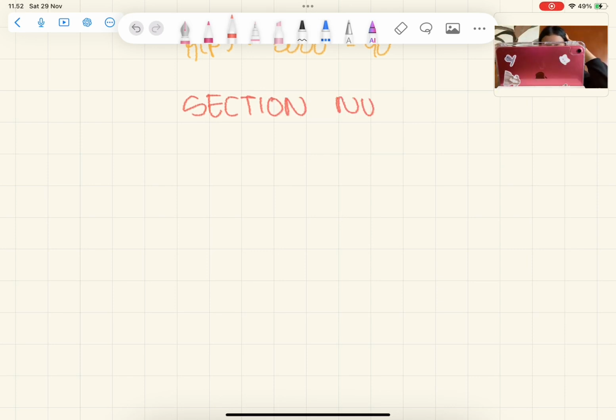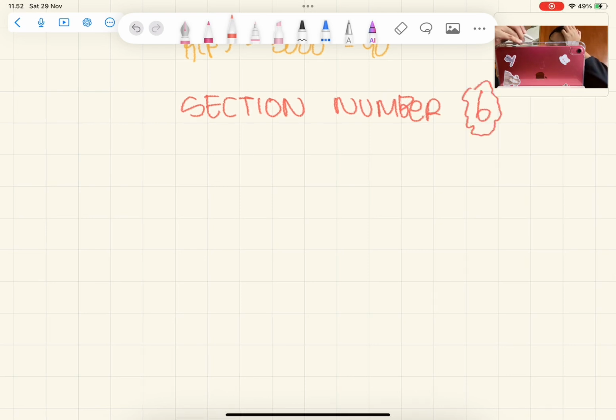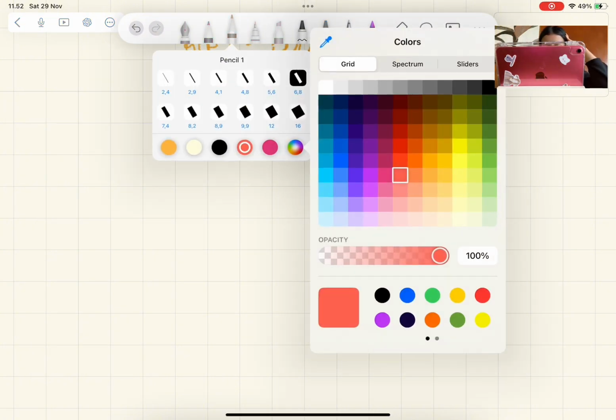Moving on to section number 6, which I'm going to call how to find the critical point. We set the derivative equal to 0 because that's where the slope levels out, the peak revenue.